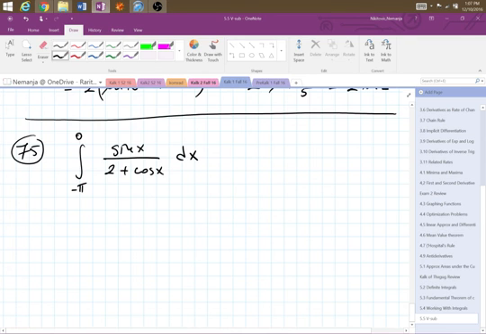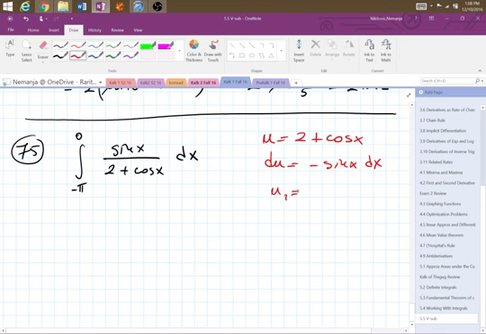All right, let's take a look at the solution for this problem. U equals what? Very good. And du is? Nice. Now, we transform our limits.